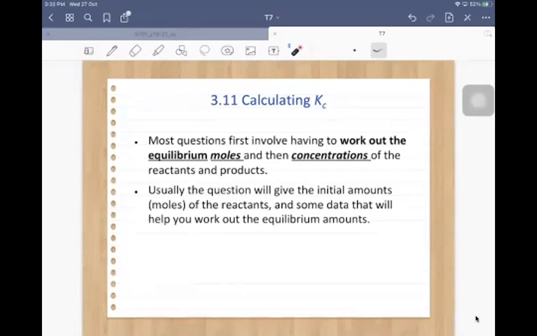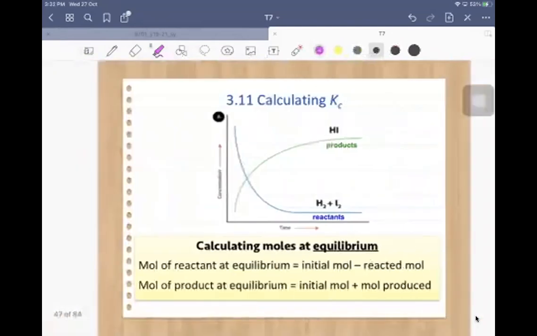I'll show you the graph in the next slide. Usually the question will give you the initial amounts of the reactants and some other data, but you will have to work out the equilibrium amounts.